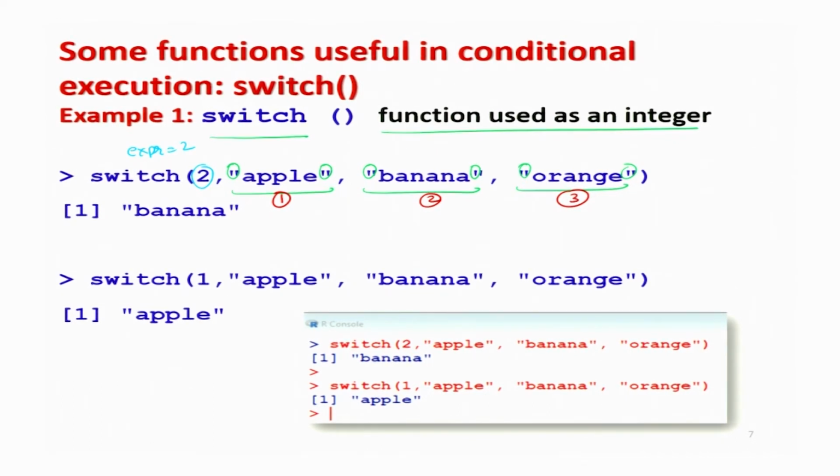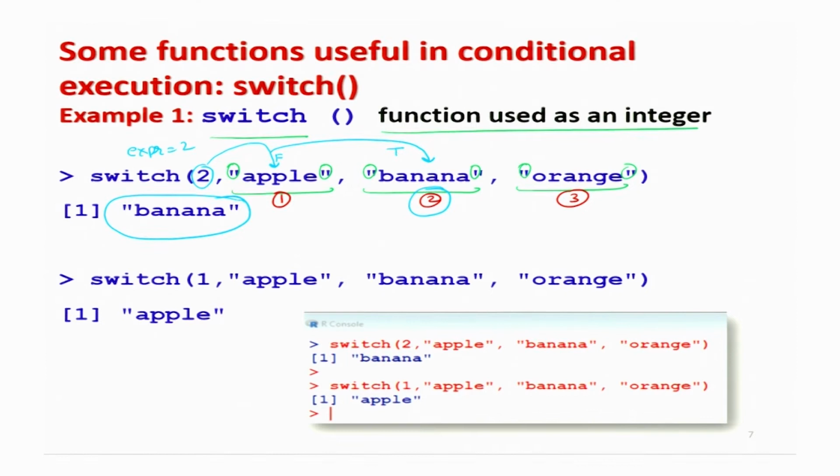This 2 starts here, comes to the first location and tries to match. This is false because this is position number 1. So, it moves forward and tries to match the position number. This position number is 2 and this matches with this 2. So, it stops here and says the condition is true, and it will give you the value written here, which is banana. So, you can see you have used an integer 2 and it is matched to the value present at the second position.